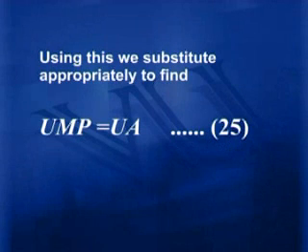Now using this, we substitute appropriately to find UMP is equal to UA, right? Now this is the new form that we have come up with after we equated the algebraic and the other form. Now from this equation, by pre-multiplying each side of the equation by 1 over U would result in MP equals A. Let's mark it as equation number 26.